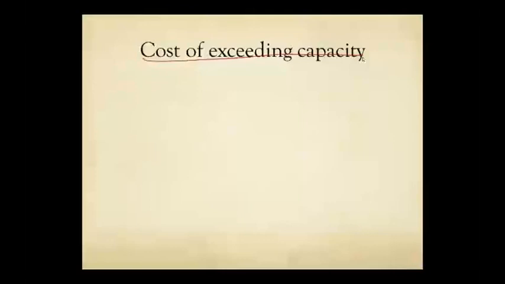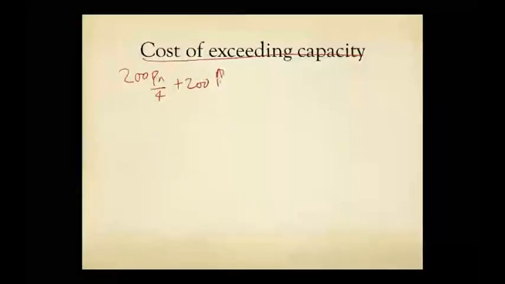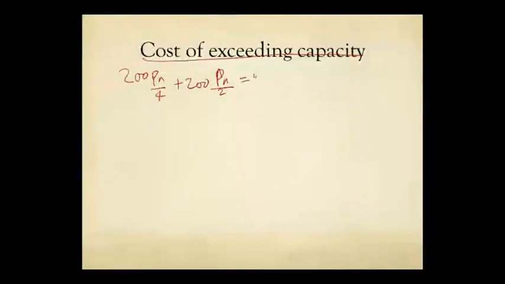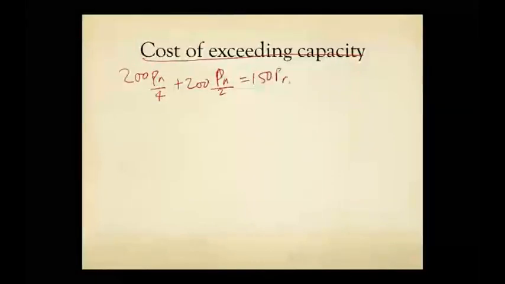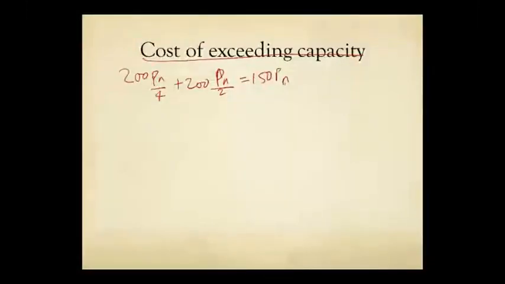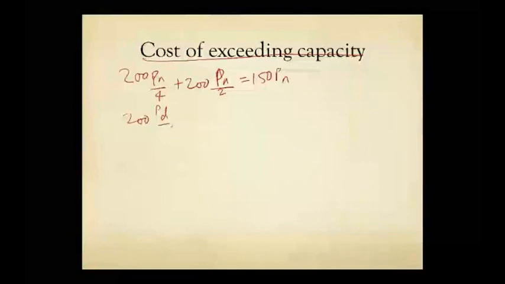Now let's look at the amount of traffic here. The amount of traffic shifted into nighttime from the previous table is simply the following, equals 150 Pn. And the amount of traffic that shifted into daytime coming from nighttime is simply the following.